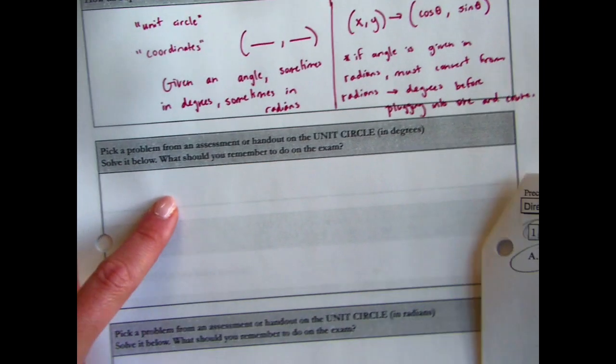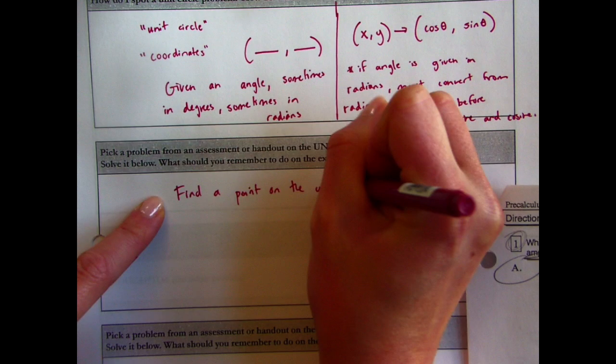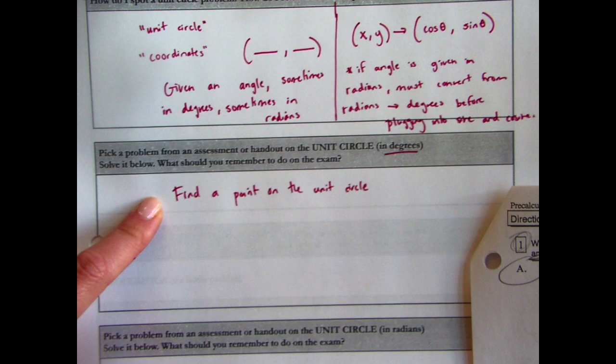Okay, and then let's quickly pick a problem on the unit circle in radians and solve it below. So I'm going to find one on the Unit 3 assessment that's in radians. I know radians have a pi in them.